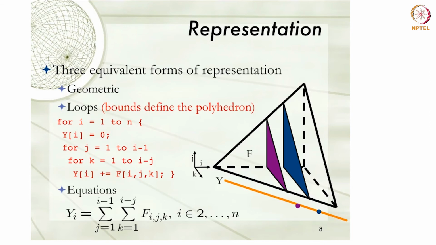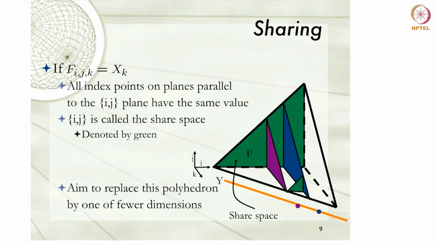The simplification is only possible if there is some sort of reuse among the different values of f, okay? I'm going to give you the simple case of reuse. Look at the body. Instead of f of i, j, k, it is x sub k.